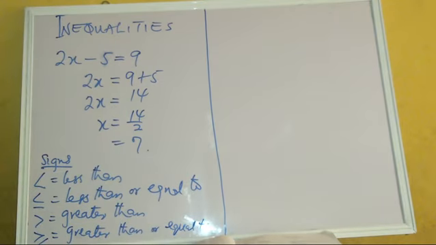These are the basic signs we have on inequality. So, based on this example now, I can put any of these signs there. It's still the same procedure we are going to follow.